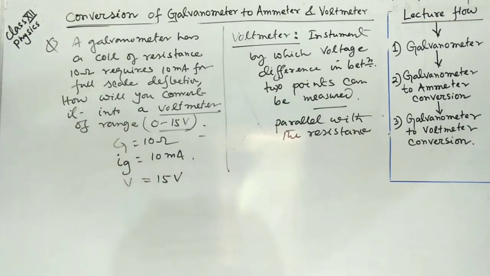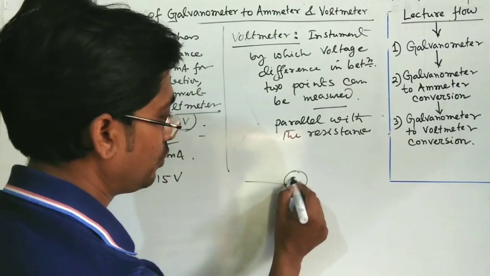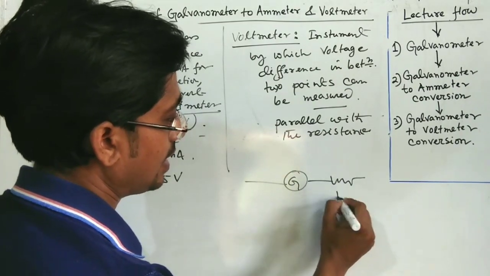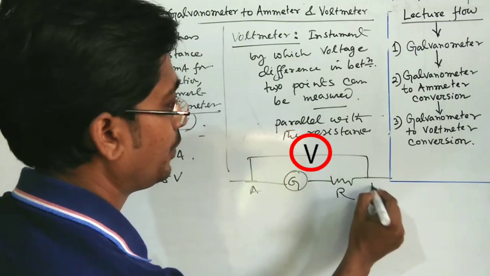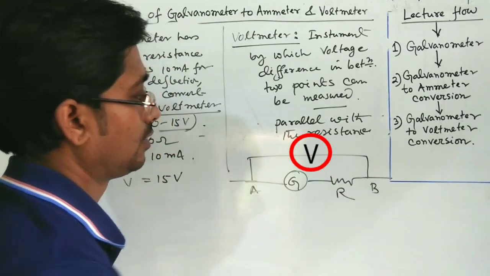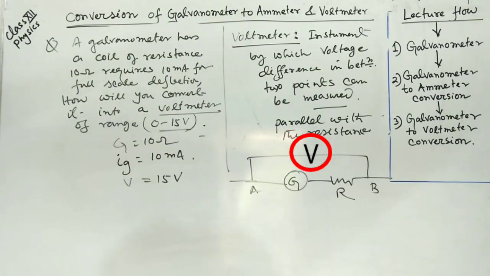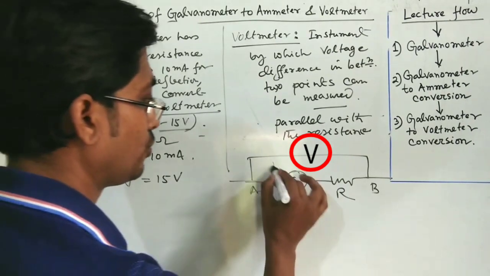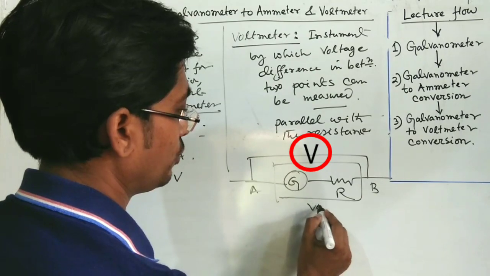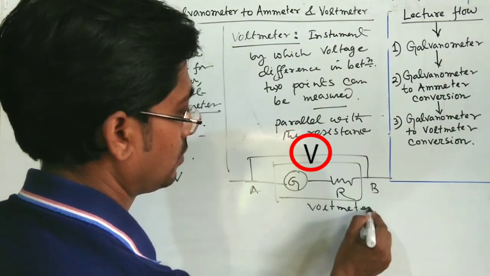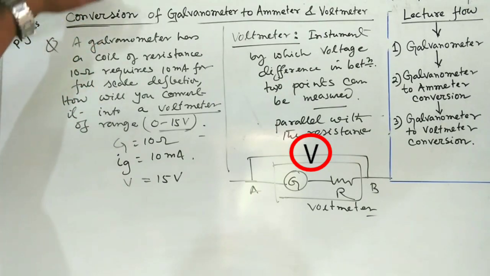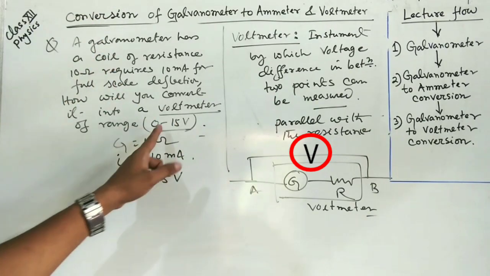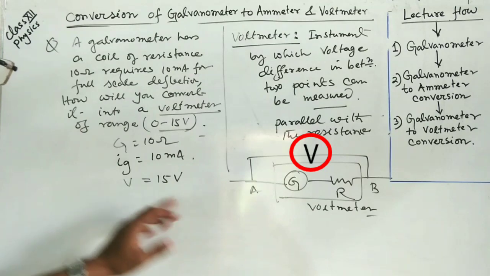Then what resistance R do we have to attach with the galvanometer? This is actually known as the voltmeter. So if we want to convert the galvanometer into a voltmeter of range 0 to 15 volt, these are the values given.